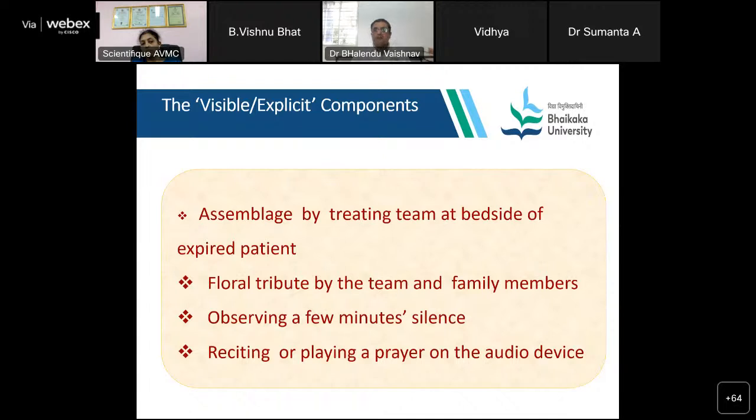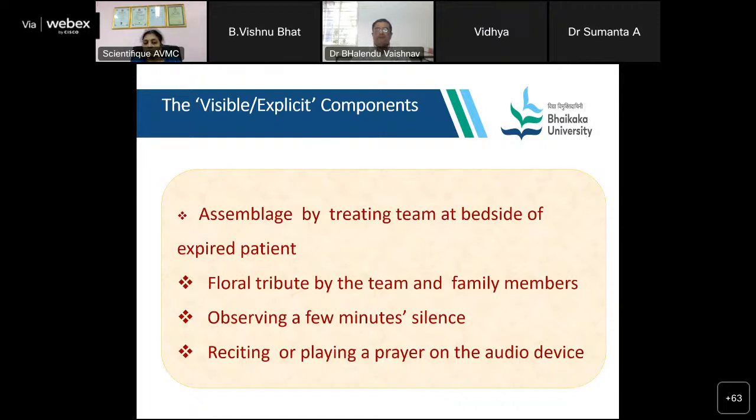All the members of the team, be it a doctor, a resident, an intern, a nurse, and family members, will observe a few minutes of silence, and if possible, or if it is convenient, will recite or play a prayer on the audio device.